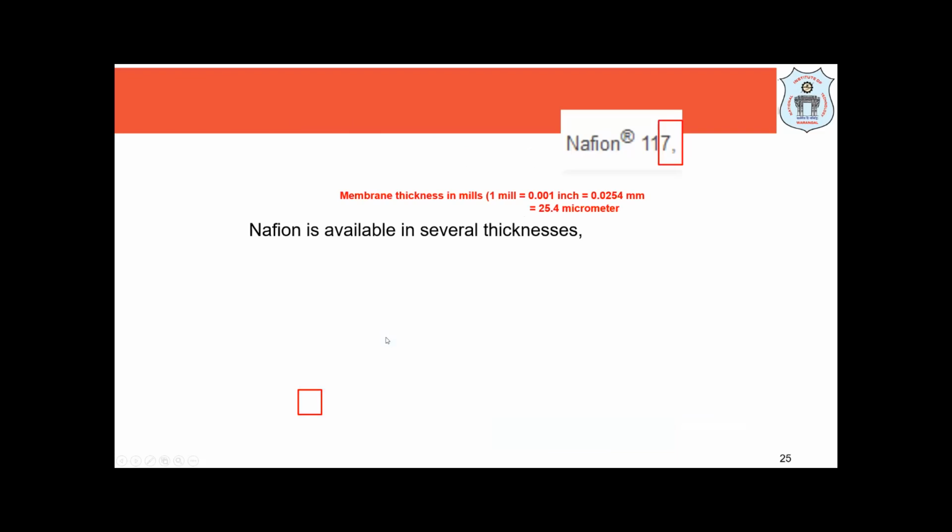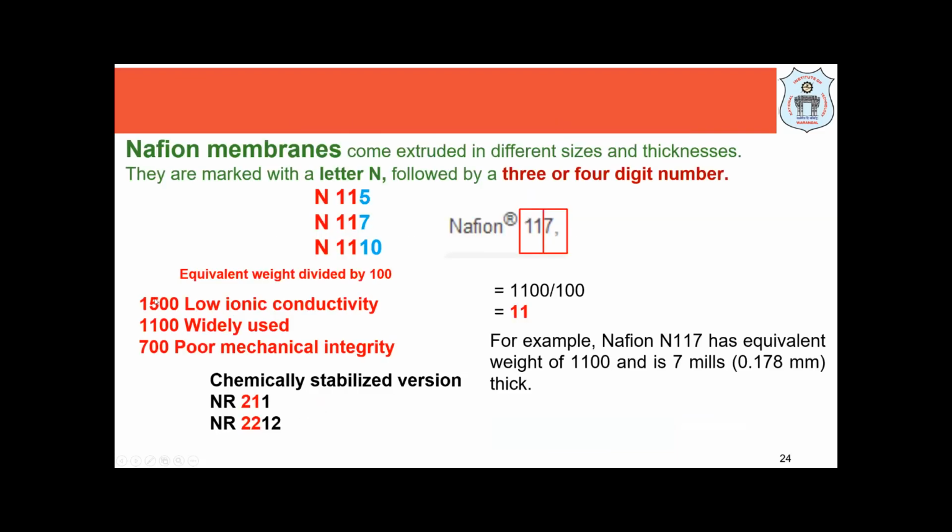So if it is more than 1500, ionic conductivity is affected; if it is less than 700, we have poor mechanical integrity. That's why 1100 is widely used, which is a good compromise between ionic conductivity and mechanical integrity, giving fair ionic conductivity and mechanical strength.